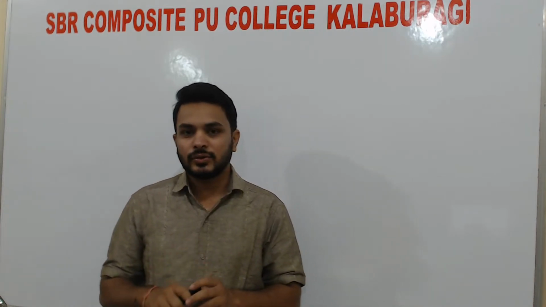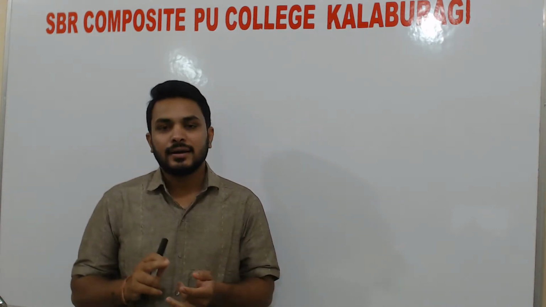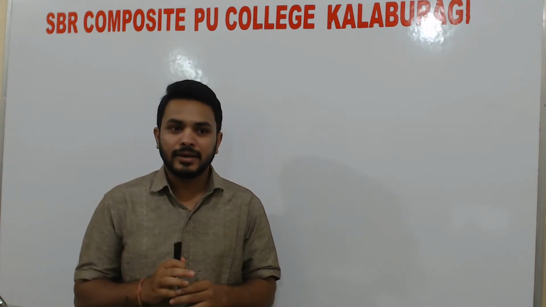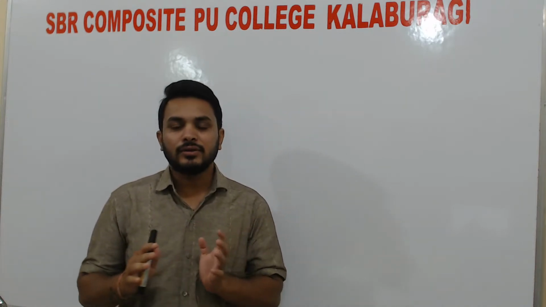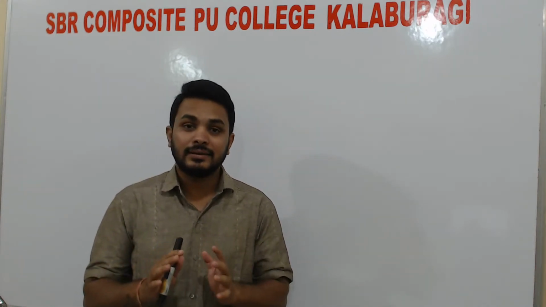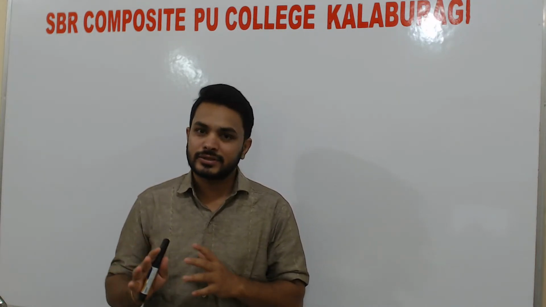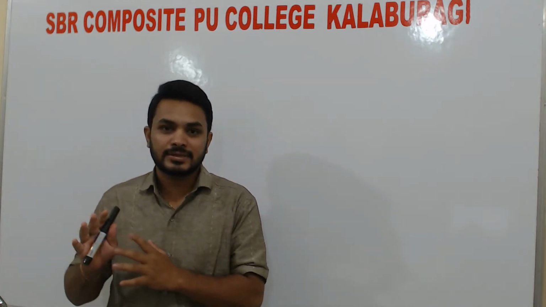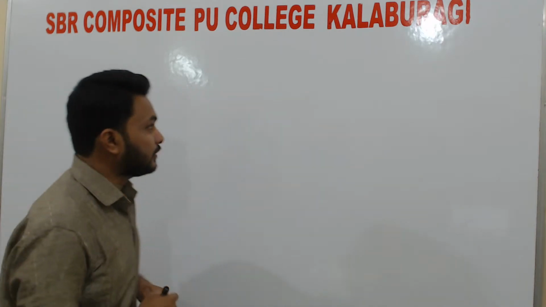Today we will start with object, class, abstraction, inheritance, encapsulation, dynamic binding, and message passing. We will see one by one how we can relate all these concepts to the program and how we should write them. We'll start with the object.